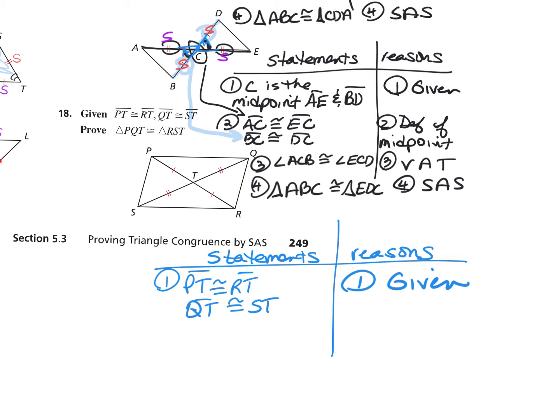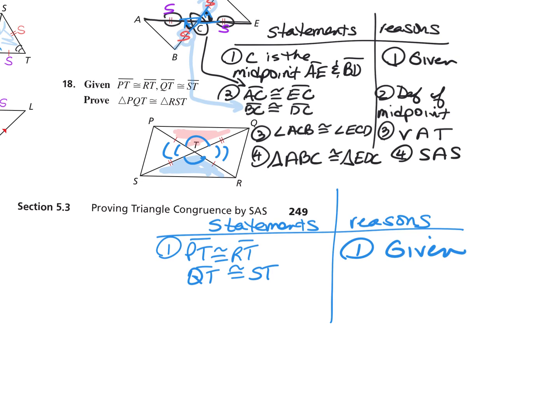So the two triangles they're asking me to prove congruent are PQT, the top one, and the bottom one, RST, and then I can show the vertical angles that are here. I also have another pair over on this side, but I'm not going to state those because that's not the triangle I was asked to prove congruent.